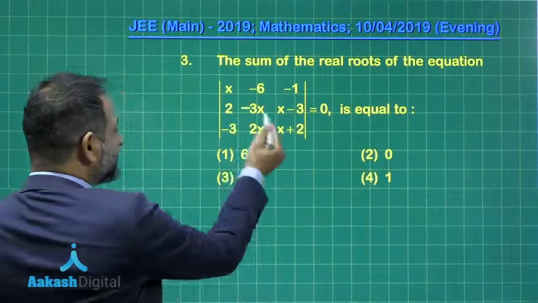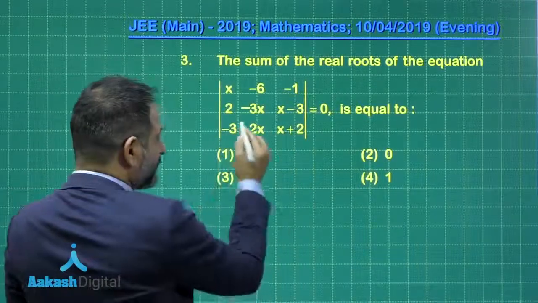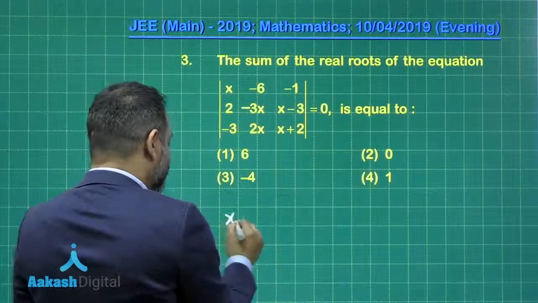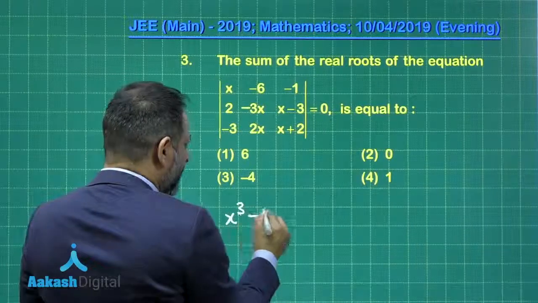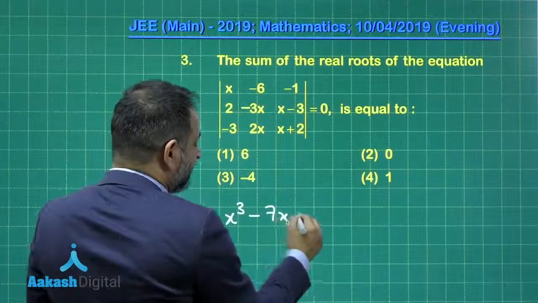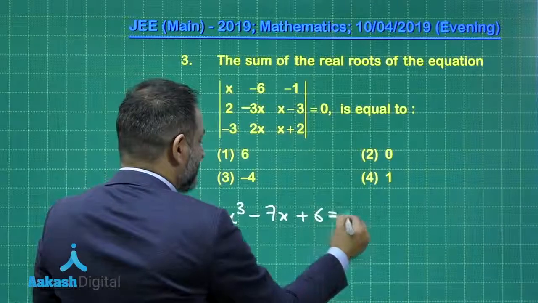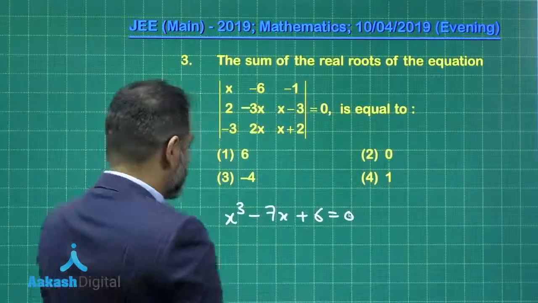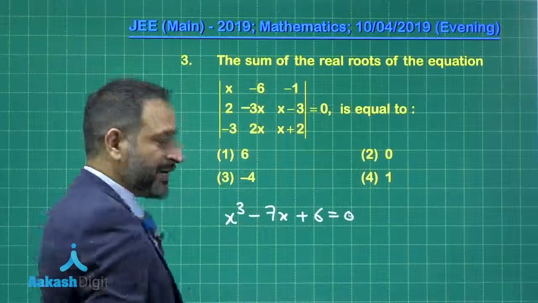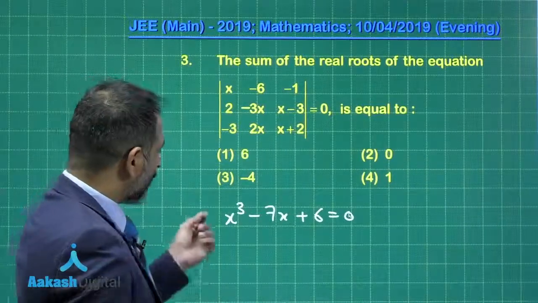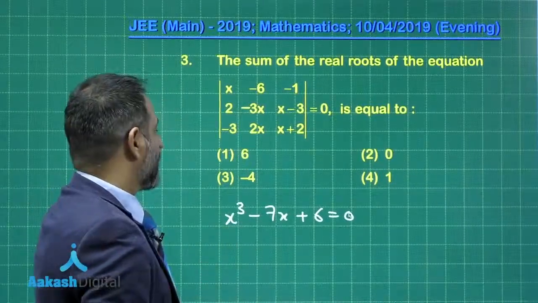So just by simply expanding, you will get a cubic equation, that is x cube minus 7x plus 6 equal to 0. And you know how to expand it, you know it well. So this is a cubic equation. Now all the roots are real.